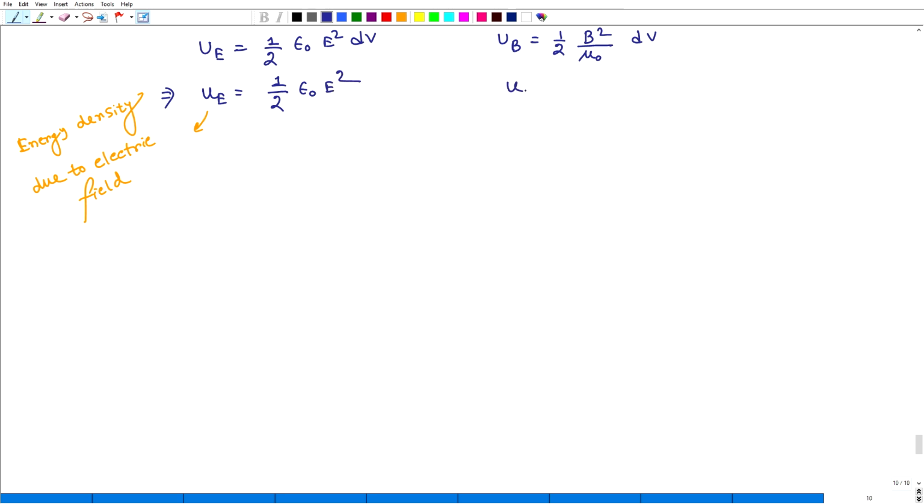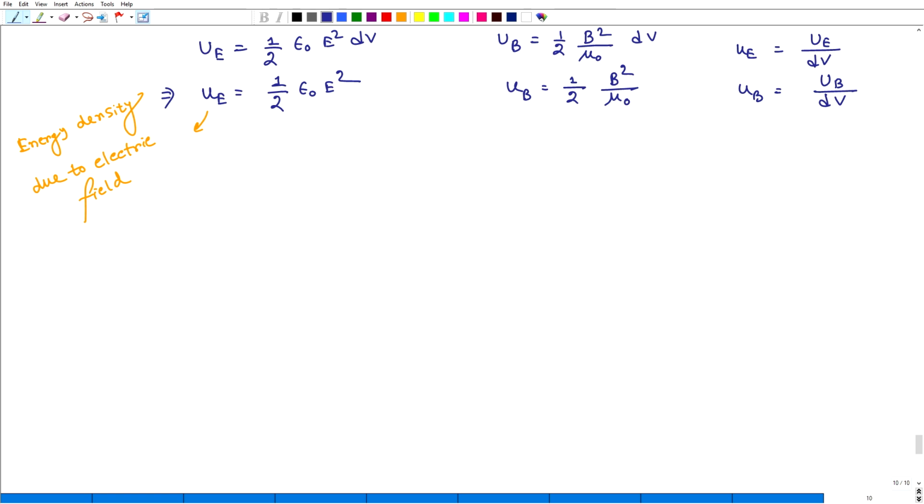Similarly, UB will be half B square by mu naught. What is the definition? Capital UE is divided by dV, as I mentioned before, and capital UB is divided by dV. So, from here we can write the energy densities like this.